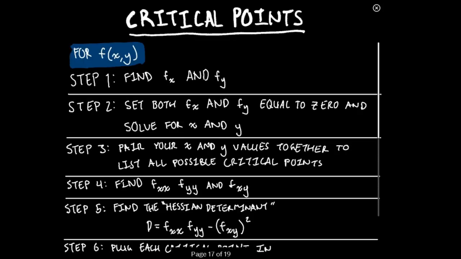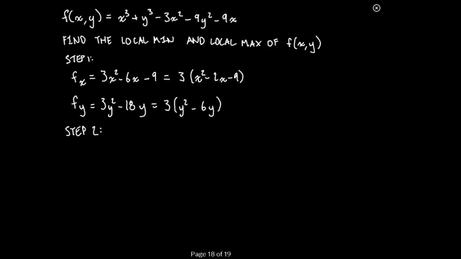All right, set both of those partial derivatives equal to 0 and solve for x and y. Okay, we're going to start by setting the first one equal to 0 and solving for x. So we have 3 times x squared minus 2x minus 9 equals 0. Now we can just divide by 3, and that gives us x squared minus 2x minus 9 equals 0. Now in this case, we're going to factor to get our different possibilities for x.